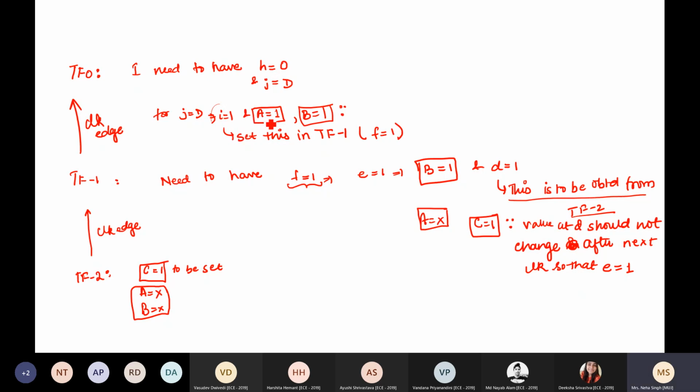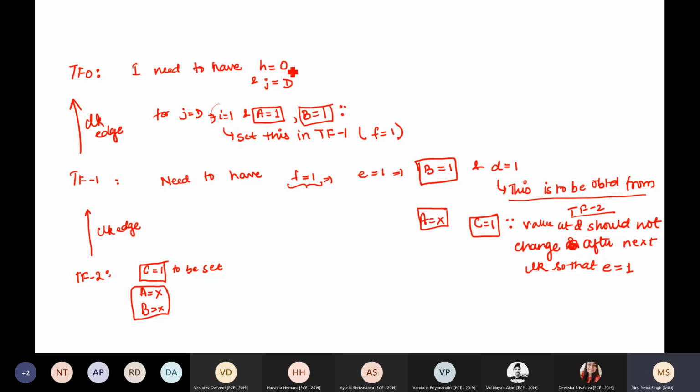Now that I equal to 1 has come, I simply want A equal to 1, so that H is also needed. Okay, okay. So by making A equal to 1, J equal to 1 is obtained. At the same time I want H equal to 0 as well.